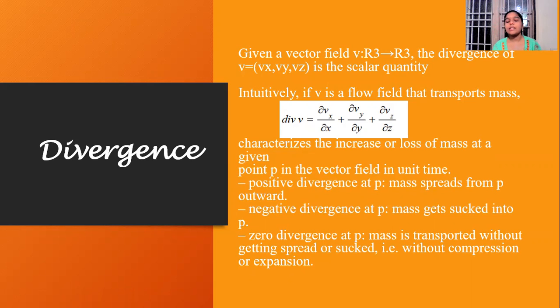This divergence is divided into three types. One is positive divergence at P, the second is negative divergence at P, and the third is zero divergence at P. What is positive divergence at P? In positive divergence, the mass spreads from P outward into the space, and in negative divergence, P sucks the mass into itself. The next one is zero divergence at P. In zero divergence, neither spreading nor sucking of mass happens.